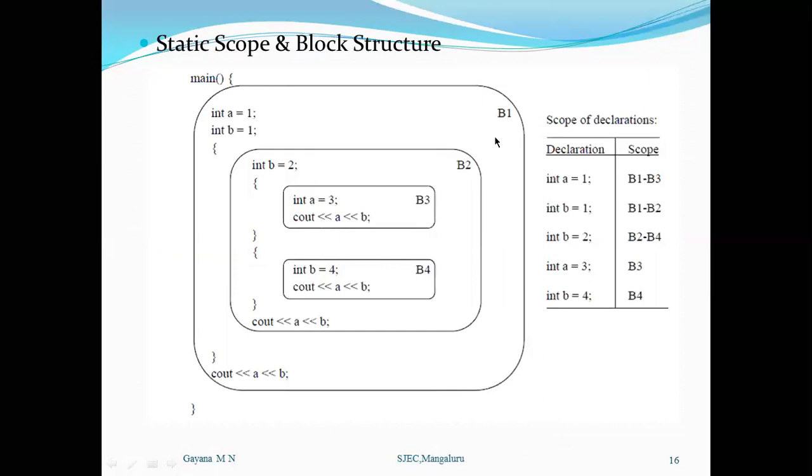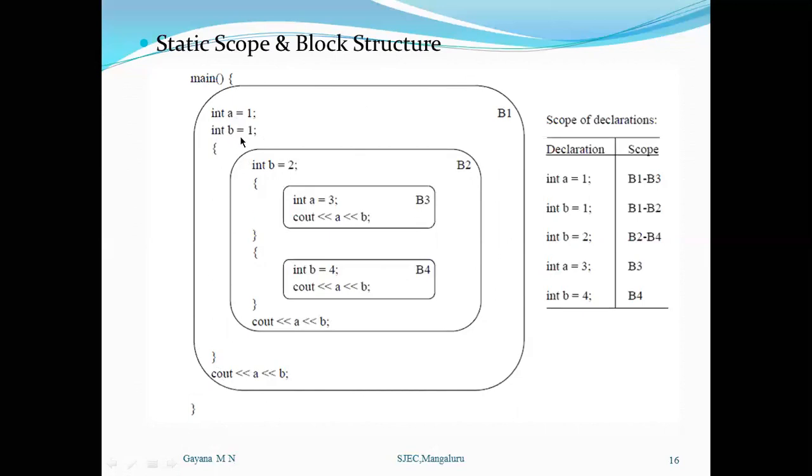For example, in this example, we have a main function. Starting from the open brace and up to the close brace, all these statements belong to one particular block. We call it B1. Under B1, we have written the statements int a equal to 1, int b equal to 1, and several other statements.